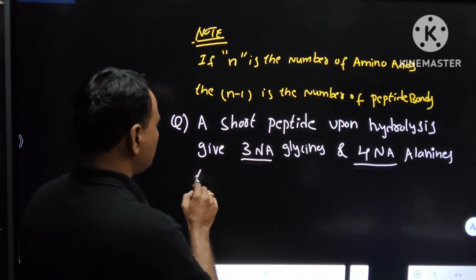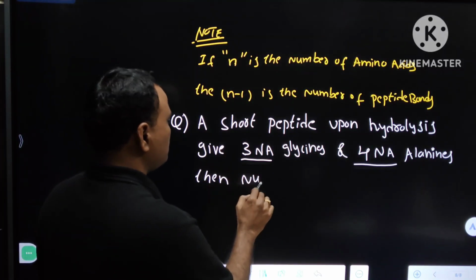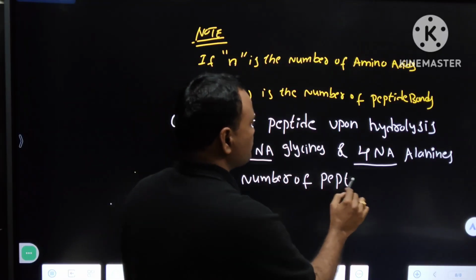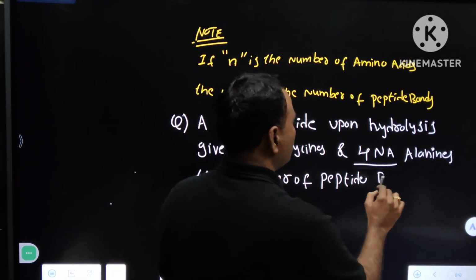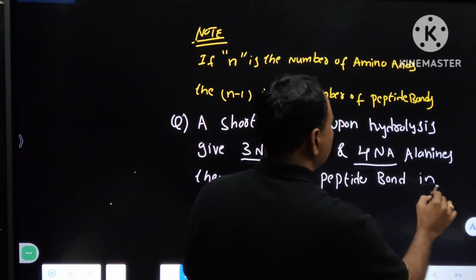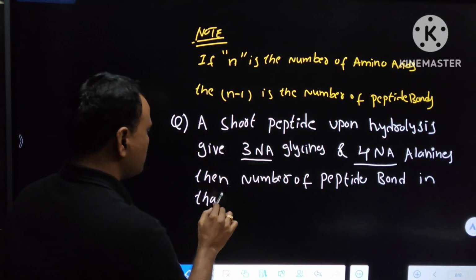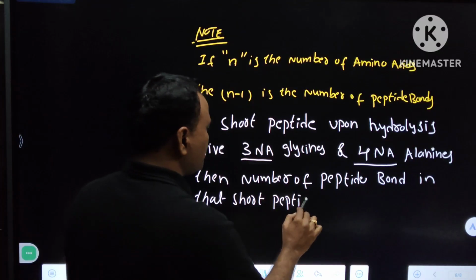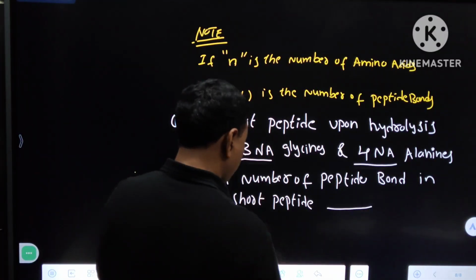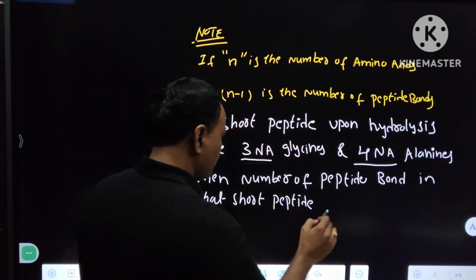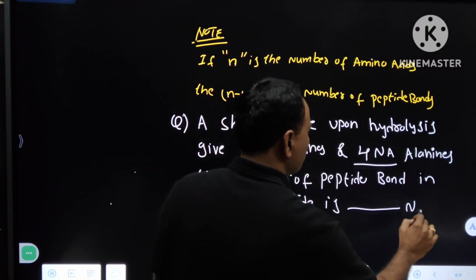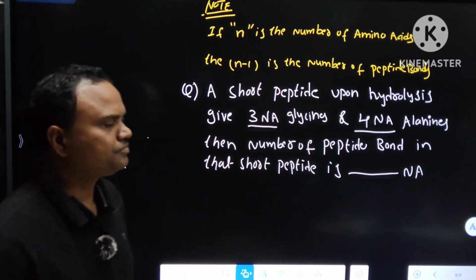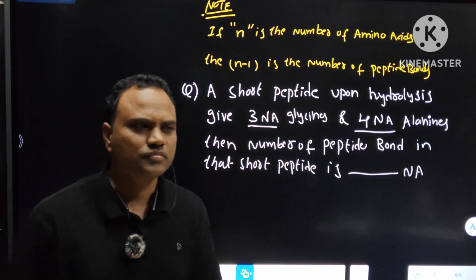Then the number of peptide bonds in that short peptide is dash NA. You can answer directly. Guess.